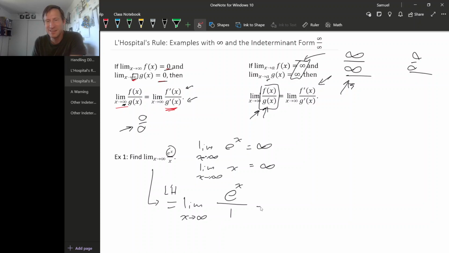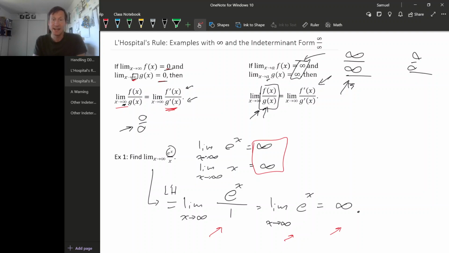Well, this is just the limit as x goes to infinity of e to the x, and that one's infinity, right? As you raise e to a larger and larger power, the expression gets huge very rapidly, so that limit is infinity. You can see that even though the indeterminate form we got was infinity over infinity, the actual calculation for computing this limit works much the same as in the 0 over 0 case.